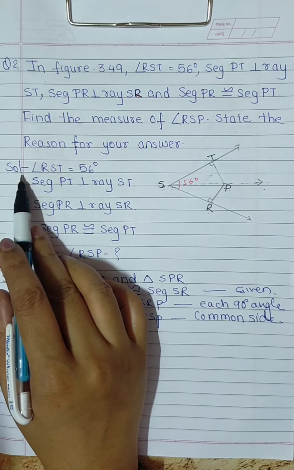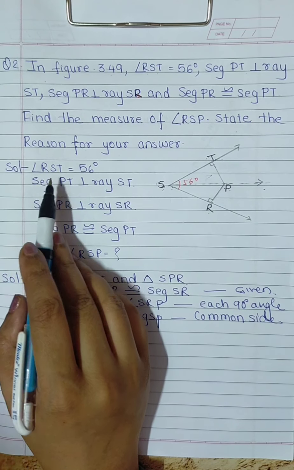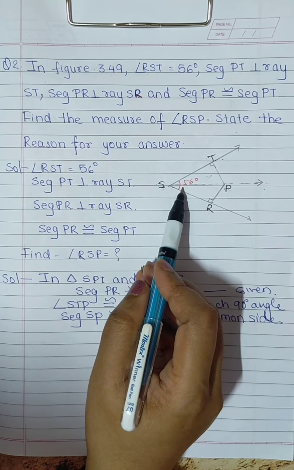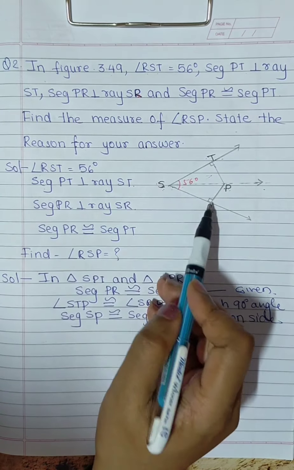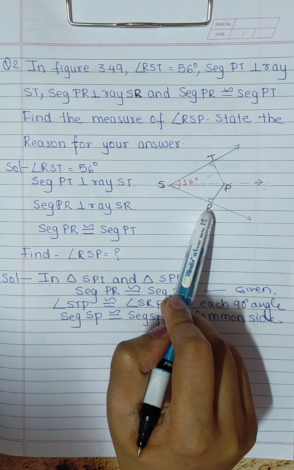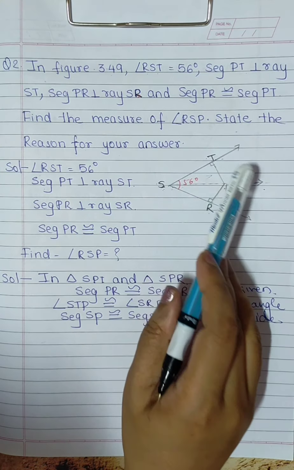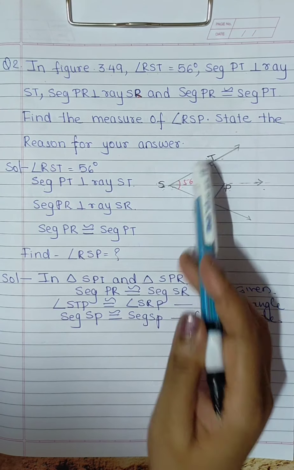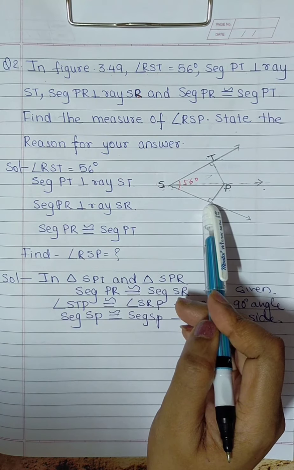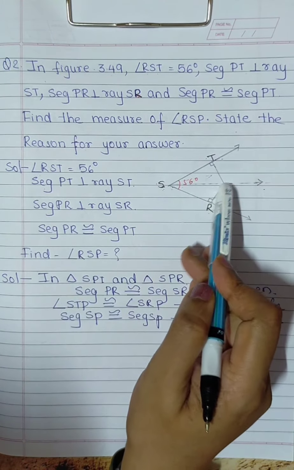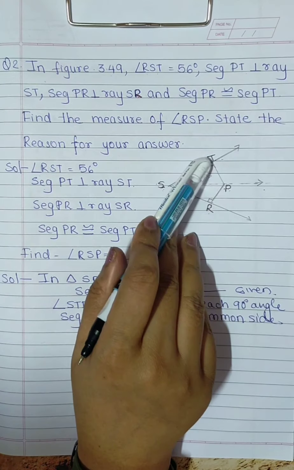So we have written the given condition, that is angle RST is equal to 56 degree and segment PT is perpendicular to ray ST and segment PR is perpendicular to ray SR and segment PR is congruent to PT.